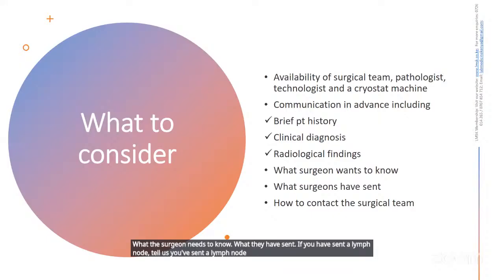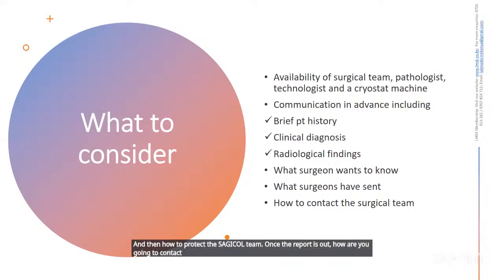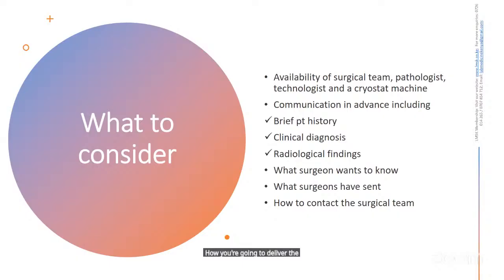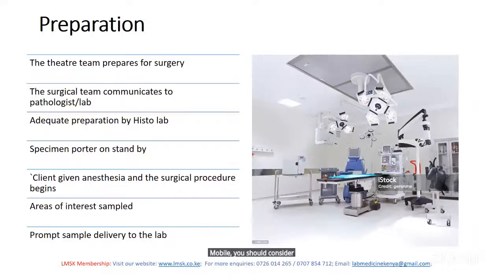If you've sent the margins, tell us I've sent the margins. Whichever sample you're sending, tell us, and then how to contact the surgical team. Once the report is out, how are you going to contact the surgical team? How are you going to deliver the results? Are we going to do a handwritten report and then give it to the porter, or are you going to communicate by mobile? You should consider all those.